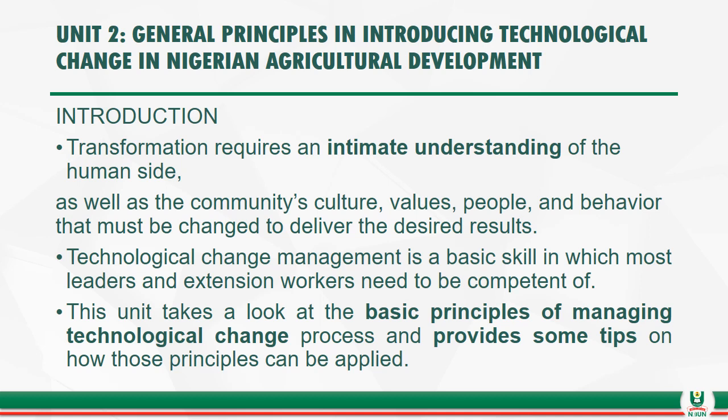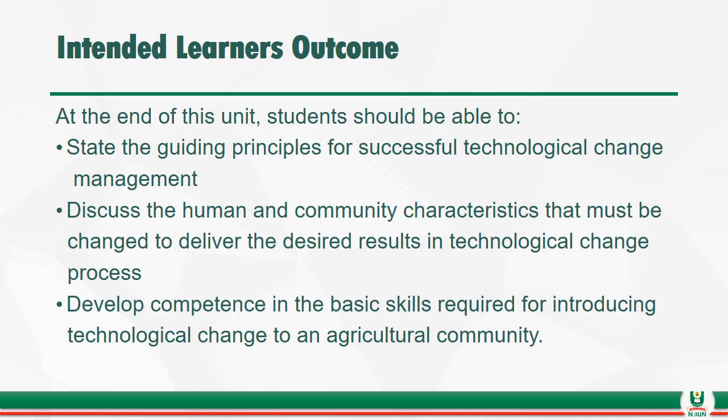Technological change management is a basic skill in which most leaders and extension workers need to be competent. This unit takes a look at the basic principles of managing technological change process and provides some tips on how this is applied.